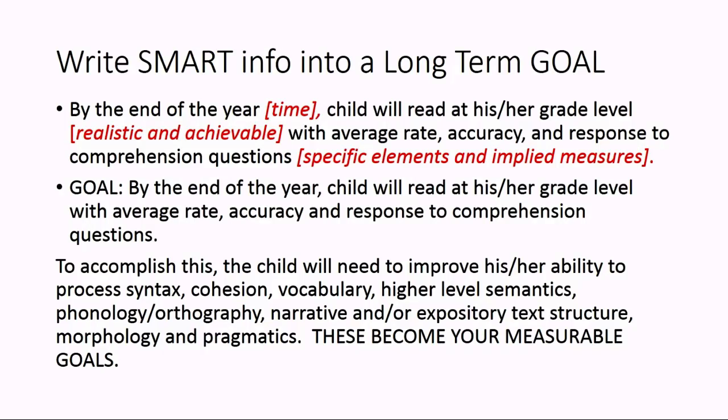And again, we're looking at the child's ability to process the syntax, the cohesion, the vocabulary, the higher level semantics, the phonology, orthography, the discourse structures, morphology, and pragmatics. All of these language skills will be important to helping that child to improve their reading level, because reading is a language skill.